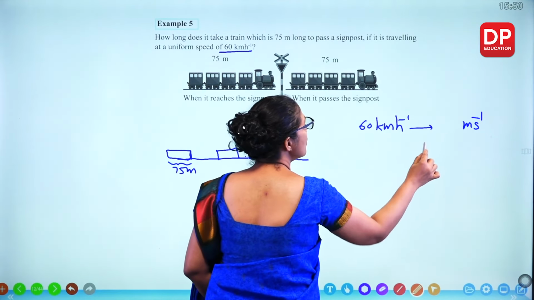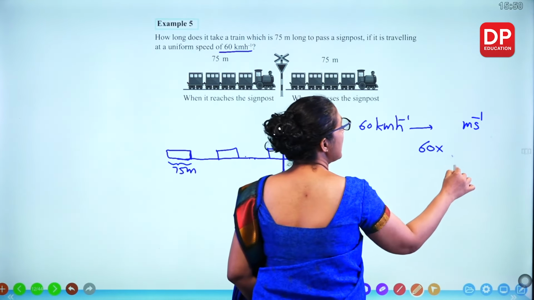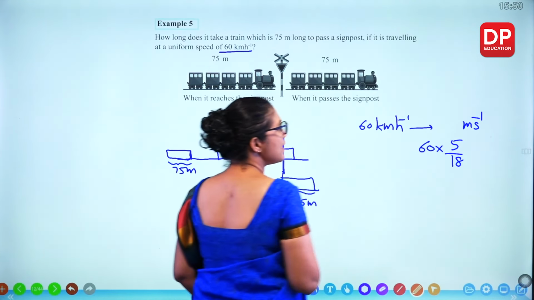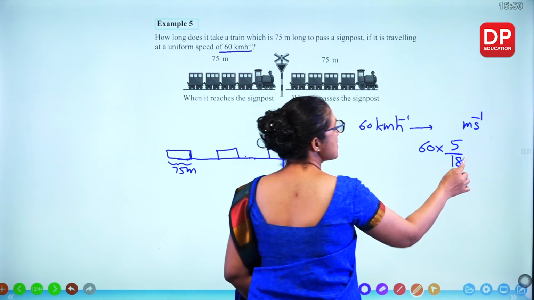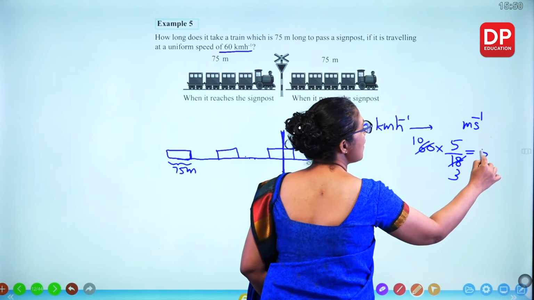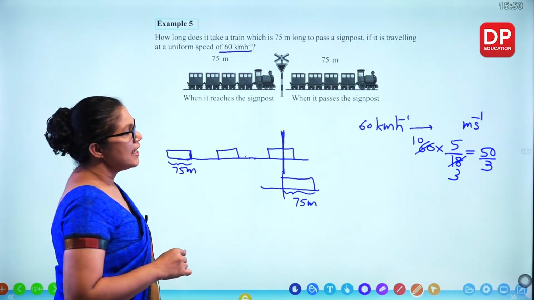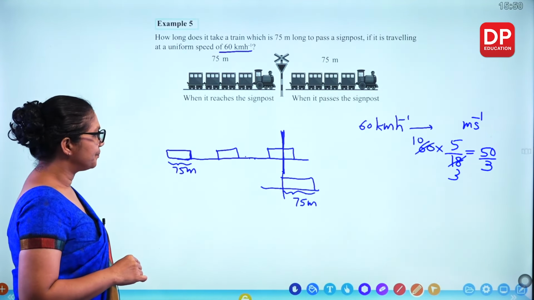So what do you do? Take 60 multiplied by 5 in the numerator, 18 here. 6 times 3, 6 times 10. So 50 divided by 3 is the speed in meters per second.